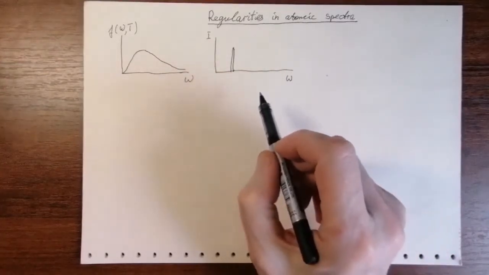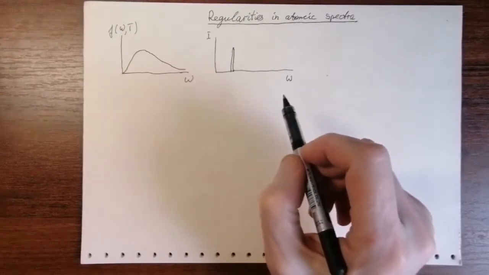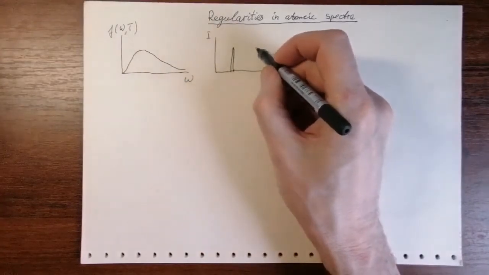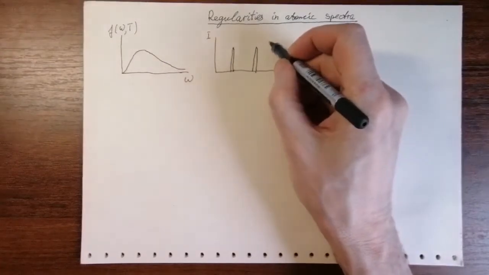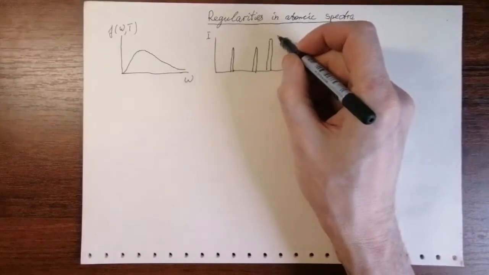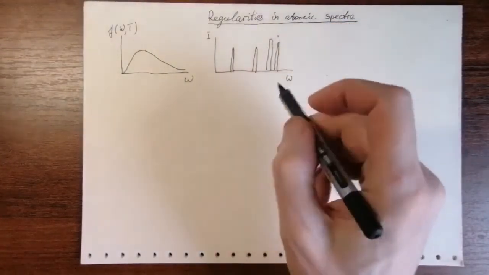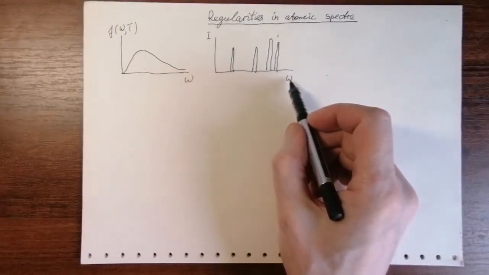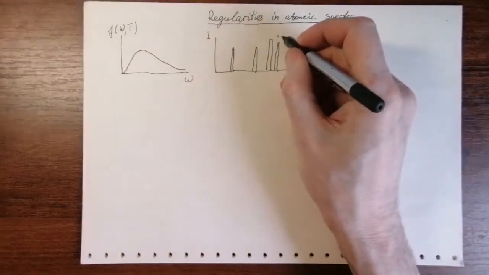For example, if we consider hydrogen as a gas which was excited and emits light, then we have some lines. Maybe they are not necessarily of the same height, but what is important is that the distance between these lines diminishes with increasing frequency.